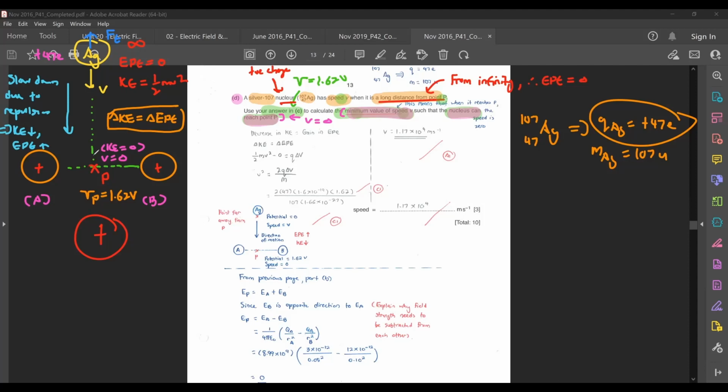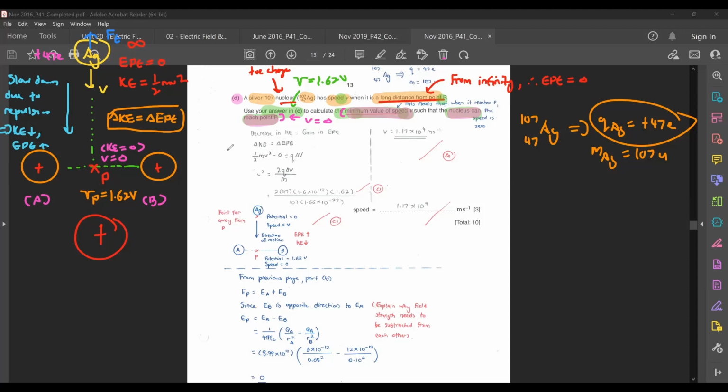So you want the speed that is just enough for your particle to reach point P. When it's just enough to reach point P, your speed must be 0 there. Okay? So that's why here I can say your KE is 0 because your speed is 0 here.